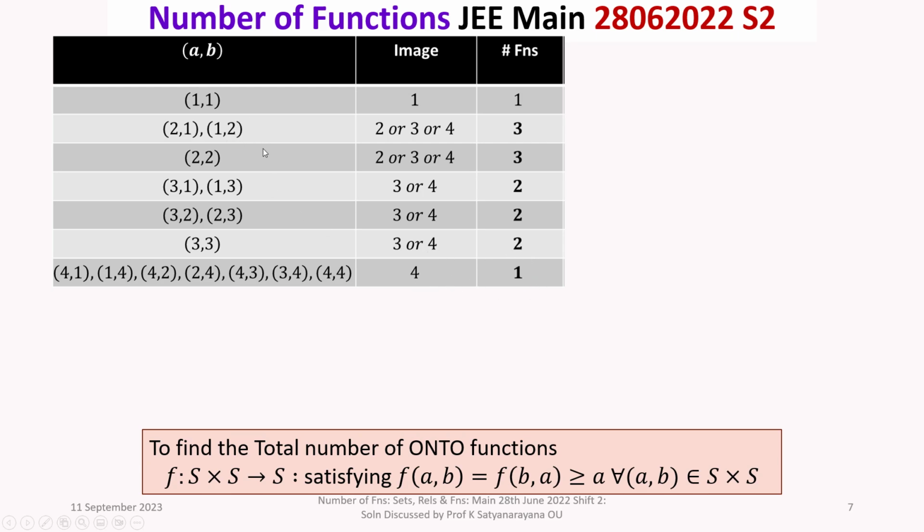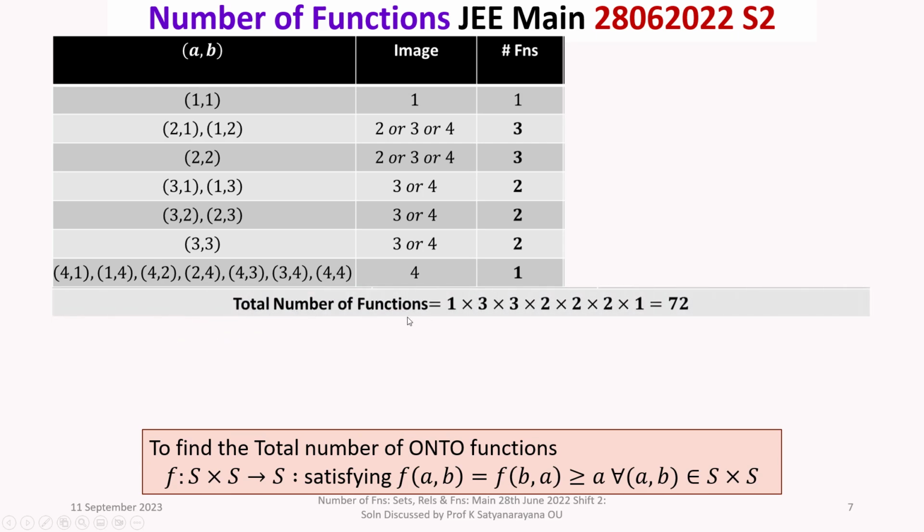Now you can talk about the number of functions. By the product rule, it is 1 into 3 into 3 into 2 into 2 into 2 into 1. So the total number of functions from S cross S to S with this condition is 72.